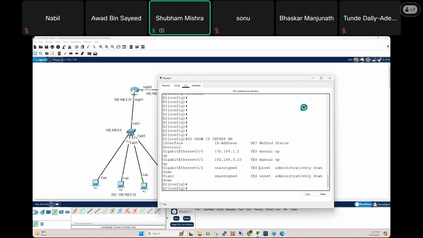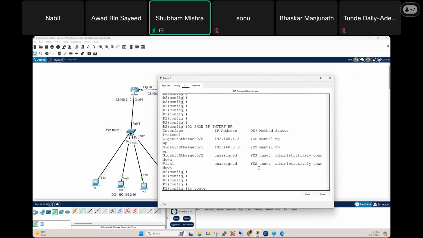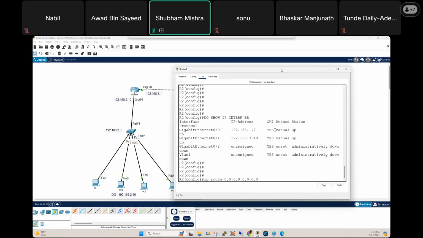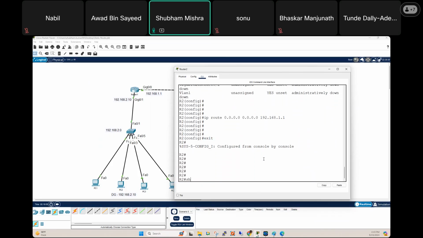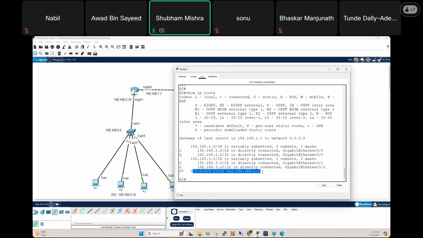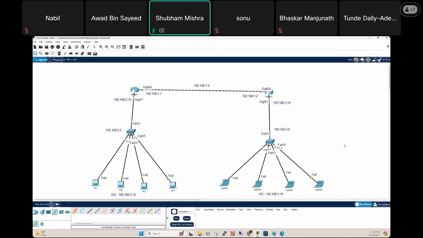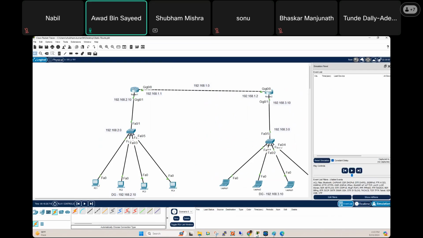You need to provide the IP route for any destination with any mask, 0.0.0.0 0.0.0.0, next hop 192.168.2.1. It means when you check the routing table, you also provide the default route here. Right, everyone? Now come to PC number 1.